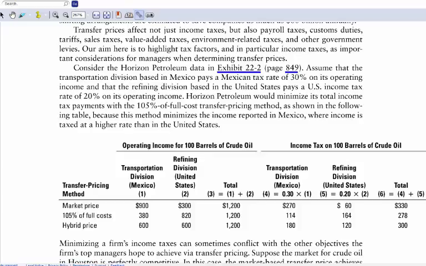Managers need to be aware of financial accounting, tax, and other regulatory issues that restrict the prices that may be charged in these situations. Again, if you wanted to go back and pull up Internal Revenue Code 482 and check out some of that, go right ahead.